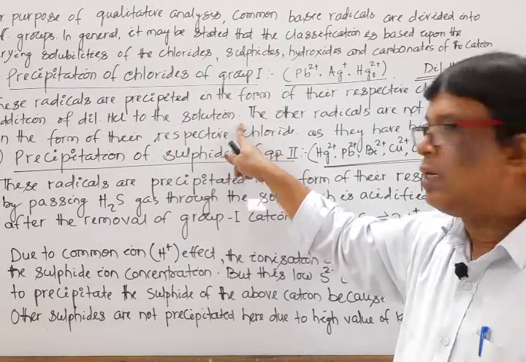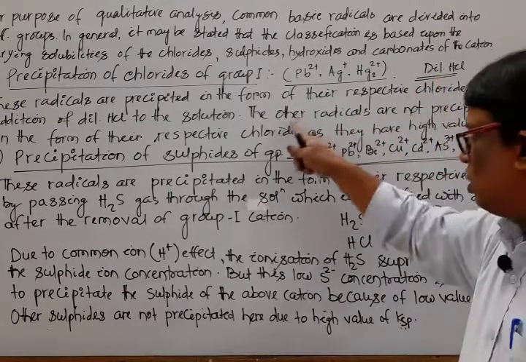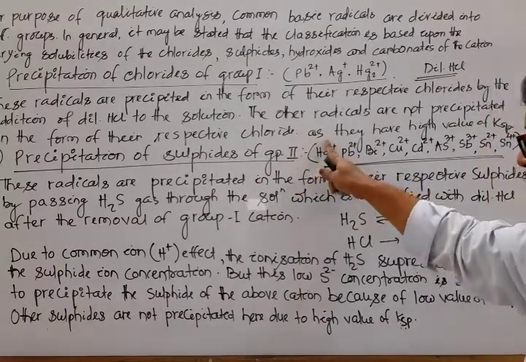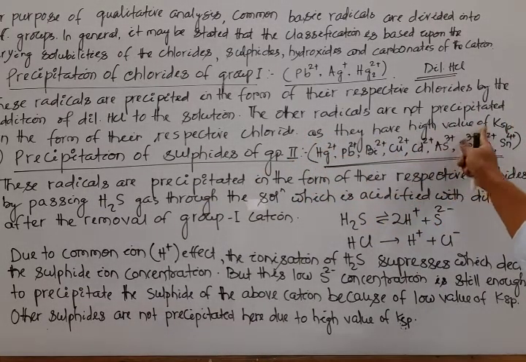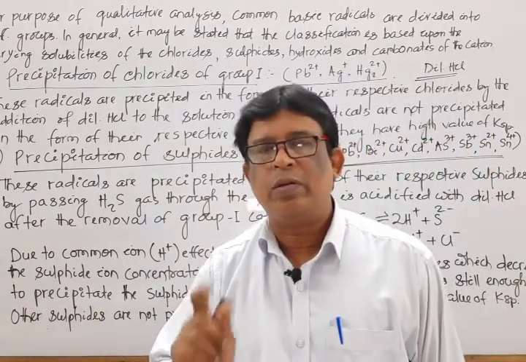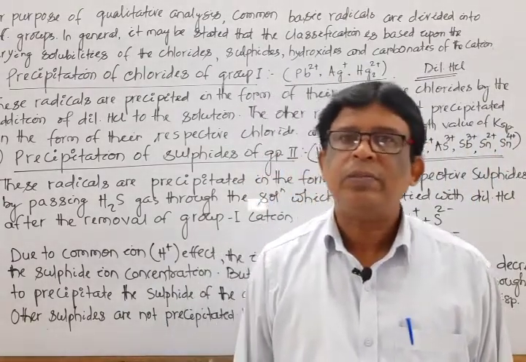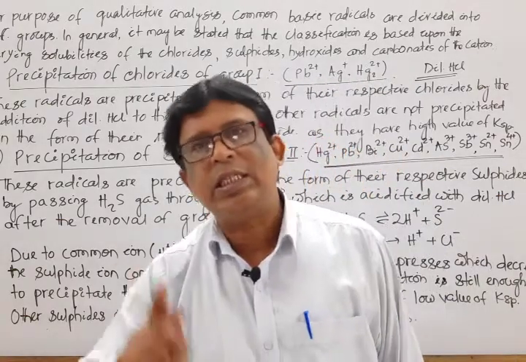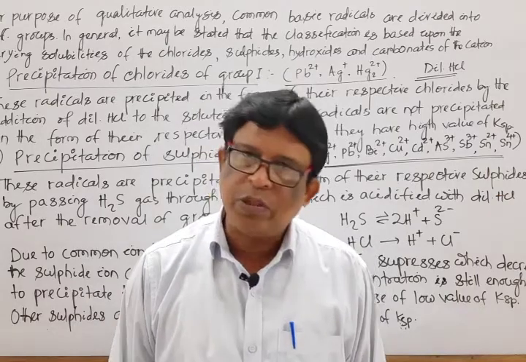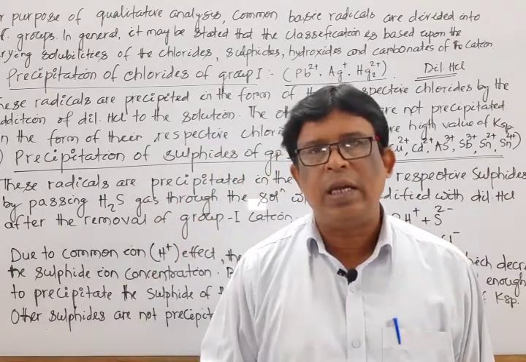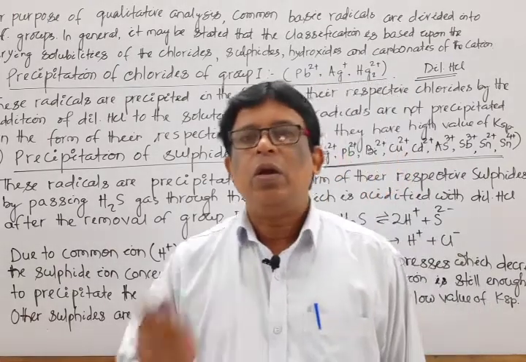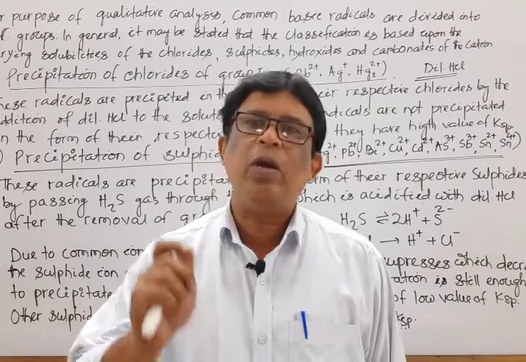The other radicals are not precipitated as chlorides because they have a high value of solubility product or a low value of ionic product. We know the concept: if the ionic product exceeds its solubility product, then only precipitation takes place. And it is possible only for these group 1 radicals. Other radicals are not precipitated here because of a low value of ionic product or a high value of solubility product.